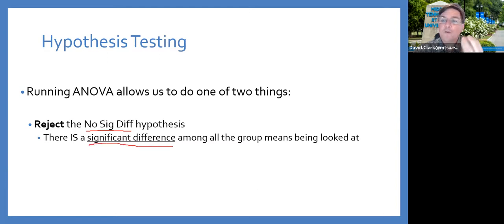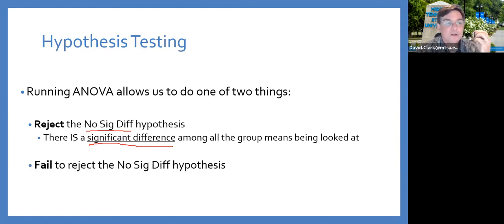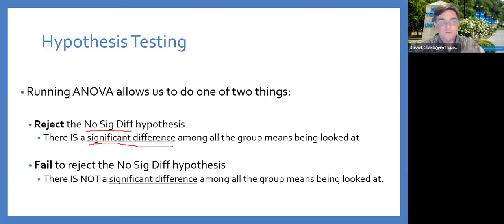Remember, if we reject the hypothesis that there's no significant difference, then we are accepting that there is a significant difference. Or if we fail to reject the no significant difference hypothesis, then we conclude that there is not a significant difference. All right. So that's the front of page 1.